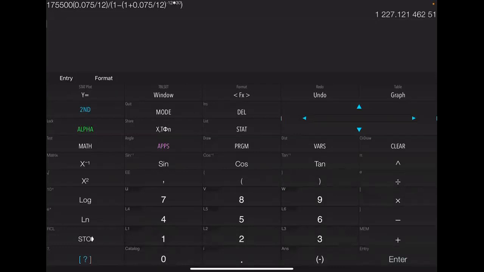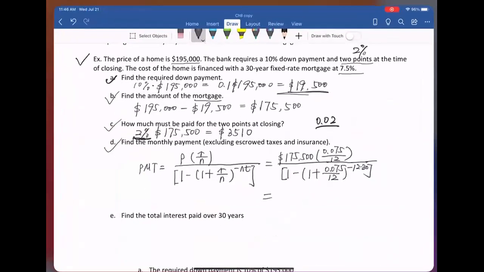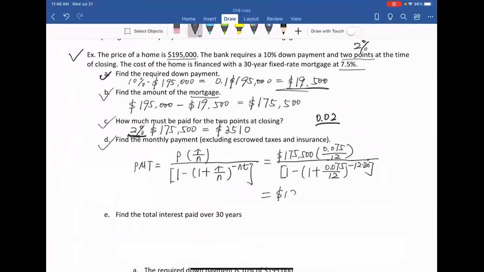We have 1227.121. If they just want you to keep the dollar, just keep this amount of money.